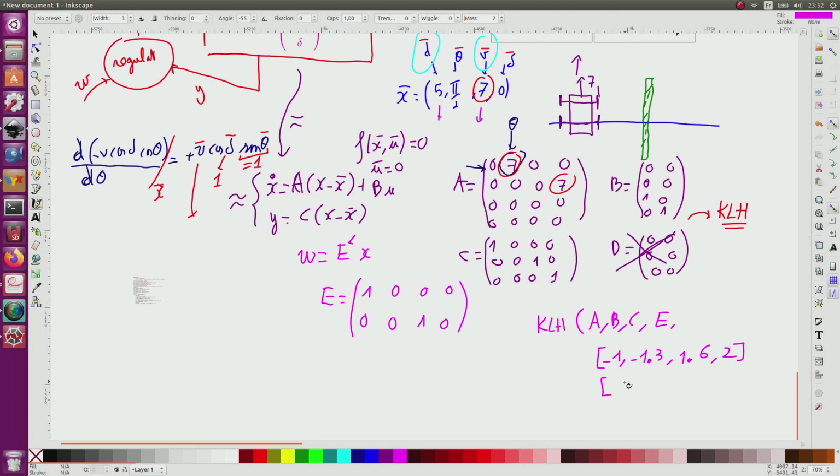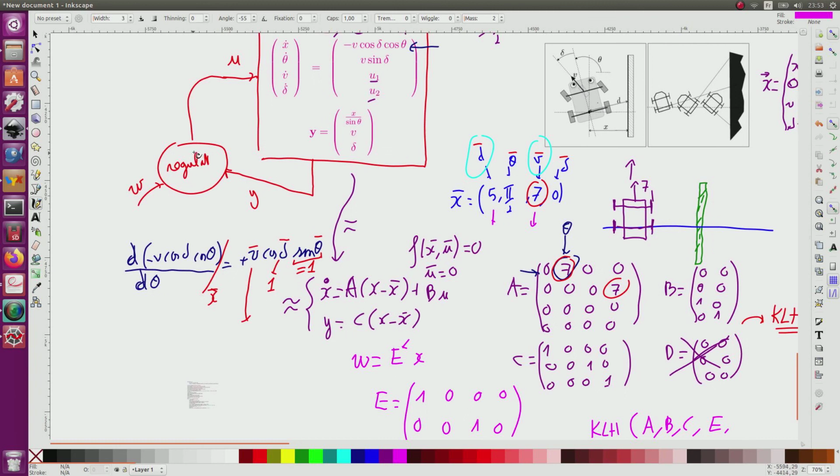And I will take the same for the control and for the observation. Then this will give me some matrices AR, BR, CR, and DR, R like regulator. This will give me a system that will be inserted here for the control.